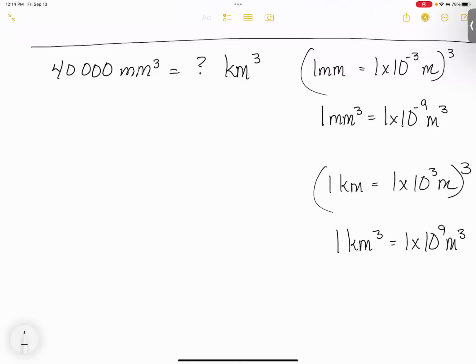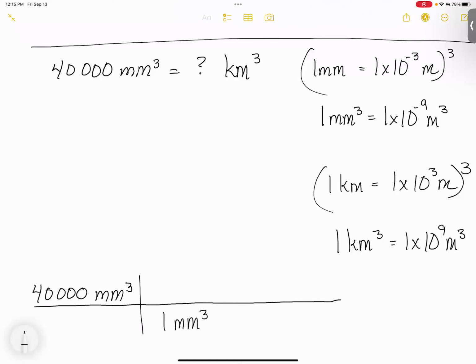Now that I have the meter cubed and the millimeter cubed and the kilometer cubed, now I can do the math. I have 40,000 millimeter cubed. I know that 1 millimeter cubed is equal to 1 times 10 to the minus 9 meter cubed.